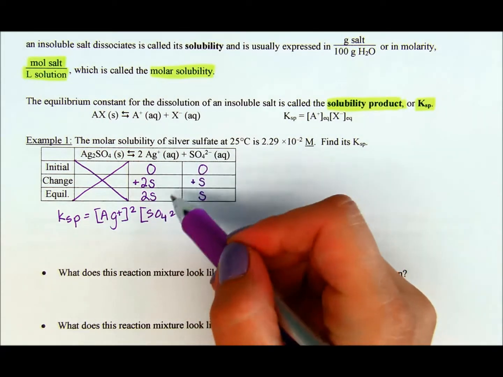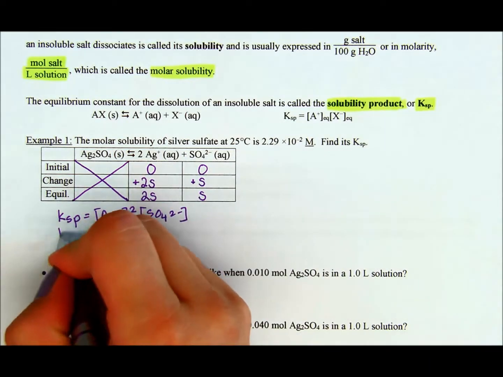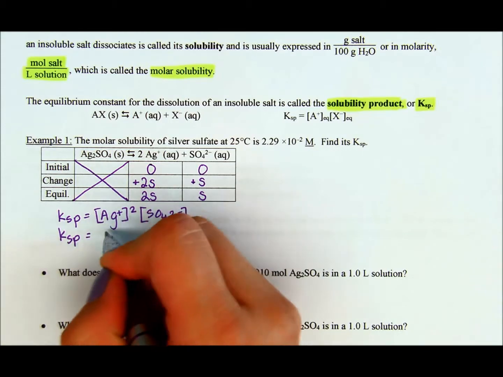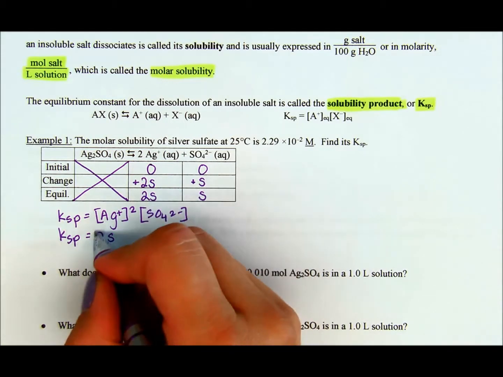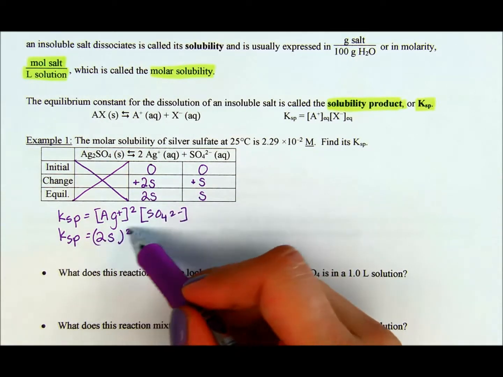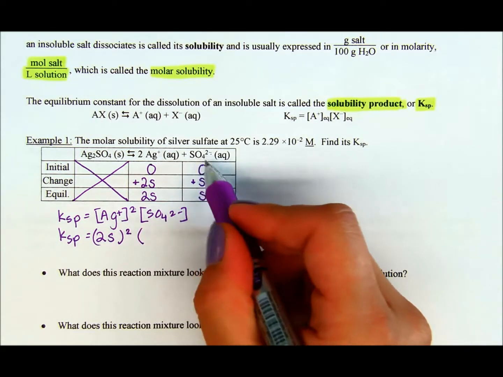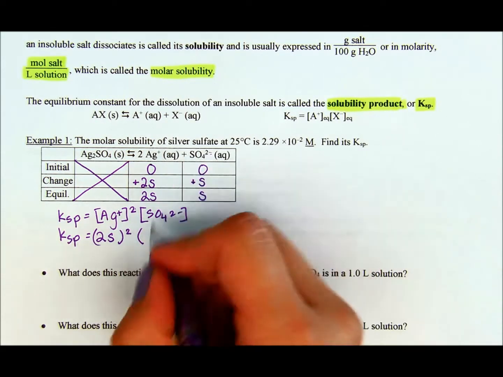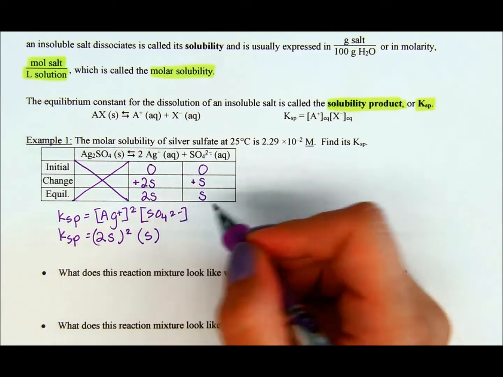Now substituting in our generic S's instead of the chemicals, we get KSP equals 2S squared, so the 2S instead of Ag plus squared, carrying that down, times the sulfate concentration, which is now just S. So this is just times S, and there's no exponent here.